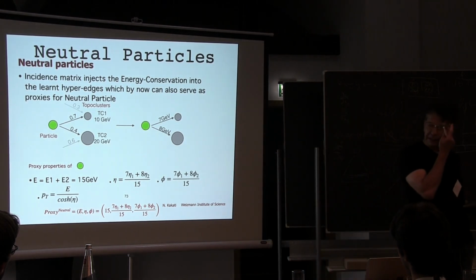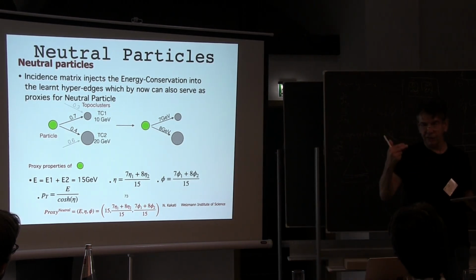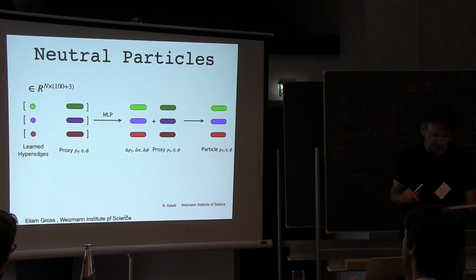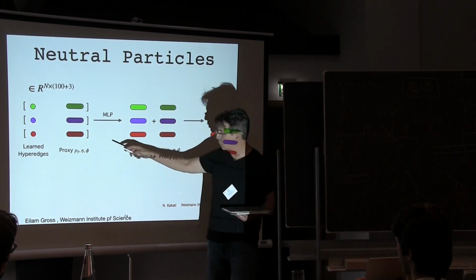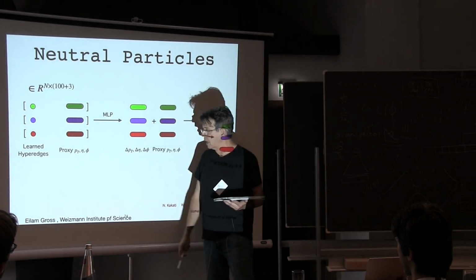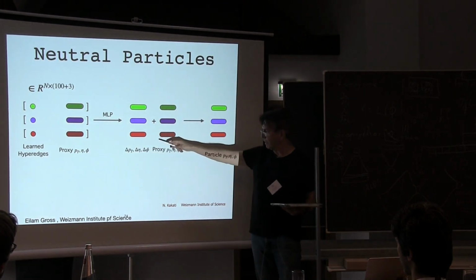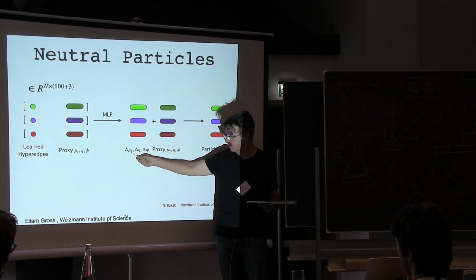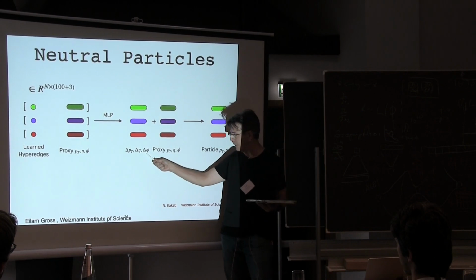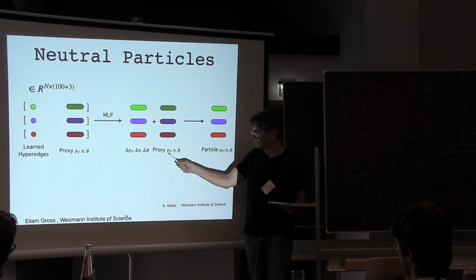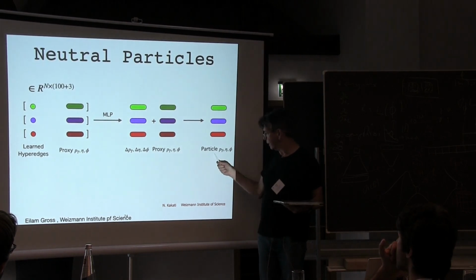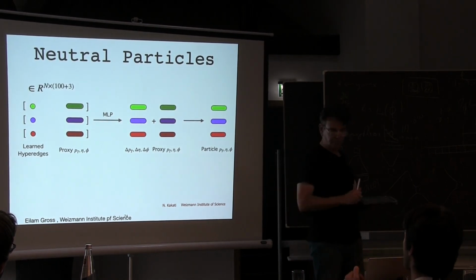So using the predicted hypergraph and the given energies of the topo clusters, we can get a proxy for the neutral particles, which we, again, concatenate with the learned hyperedges, and do an MLP to predict, in this case, the three quantities, delta PT, delta eta, and delta phi, add to it the vectors PT, eta, phi, and get the particle PT, eta, phi.